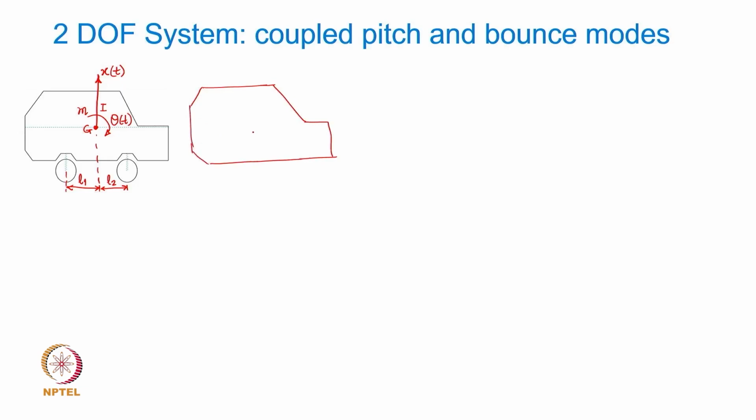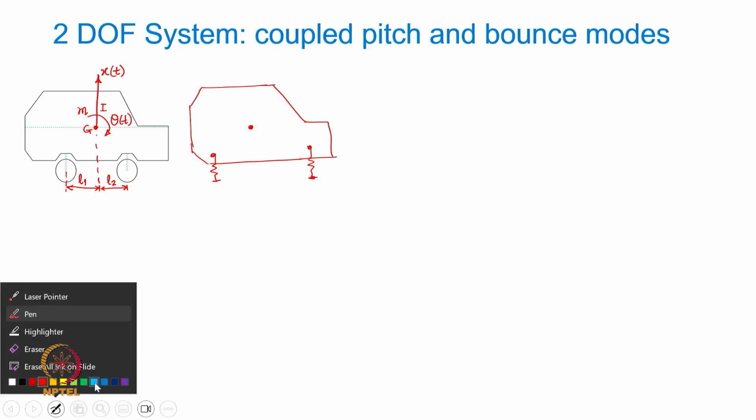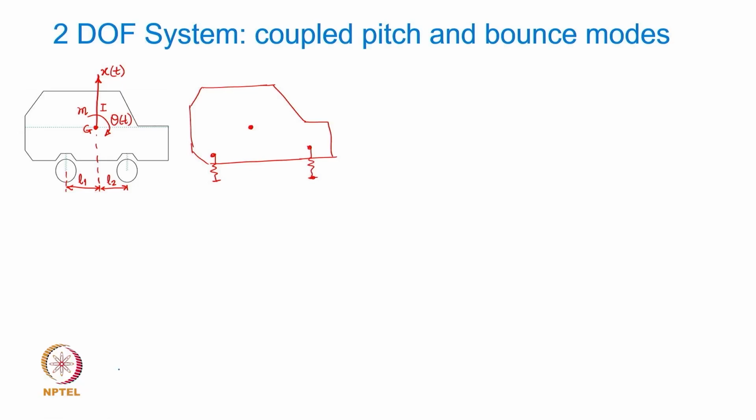This is the CG. There is a spring over here, and then there is a spring over here. And then let us say there is an x motion, and then there is a rotational motion as well.